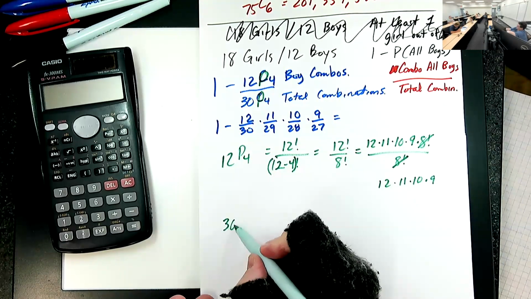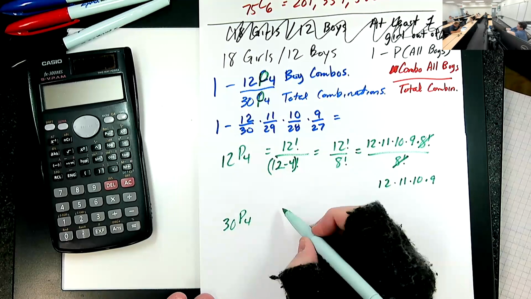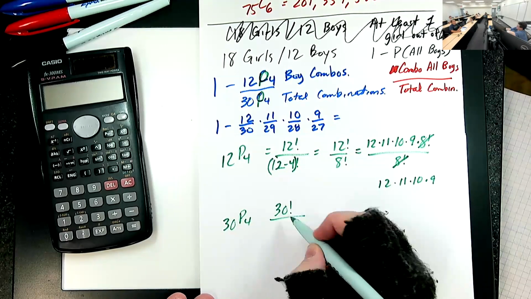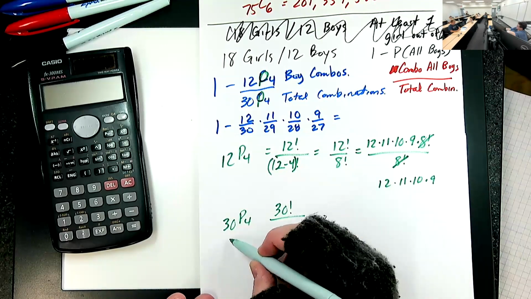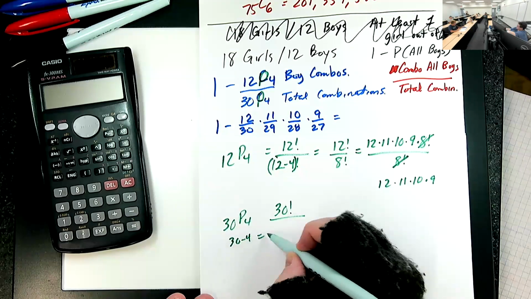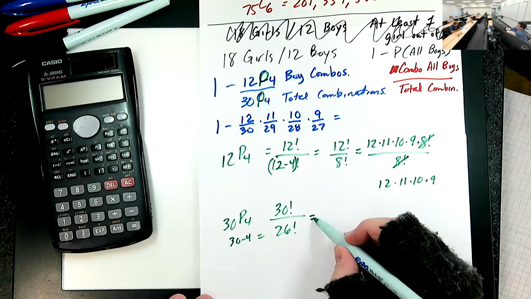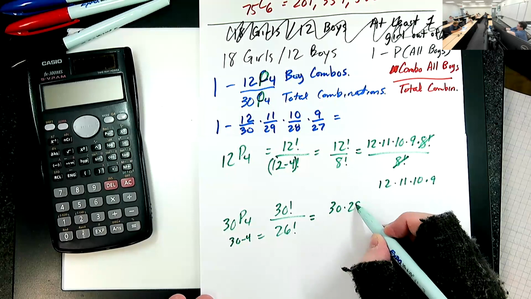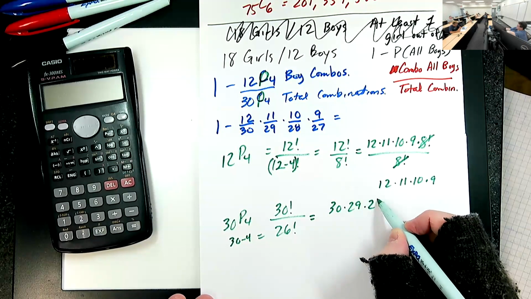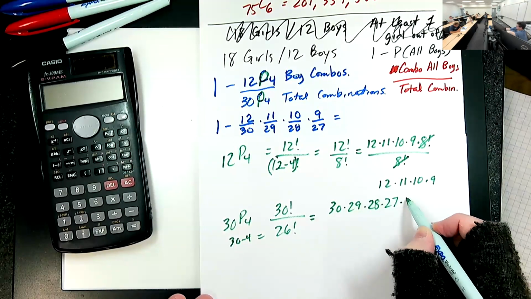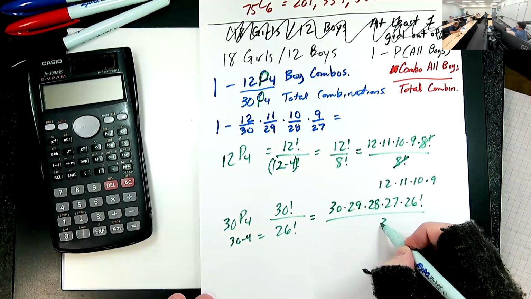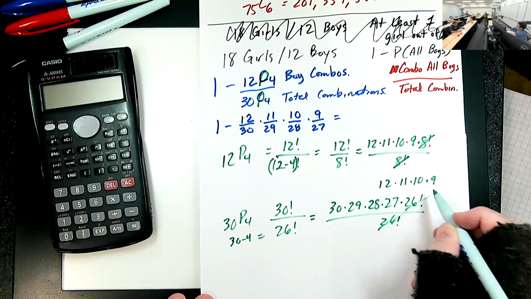If we do the 30P4, it's 30 factorial over 30 minus 4, which is 26 factorial. So this will be 30 times 29 times 28 times 27 times 26 factorial, and the 26 factorials cancel out.